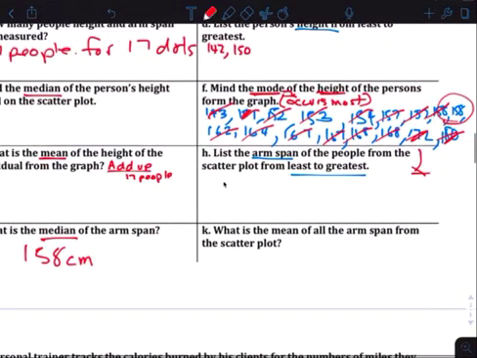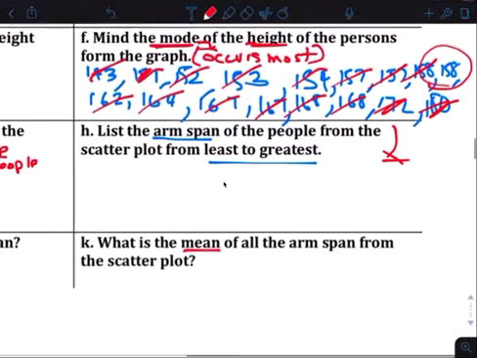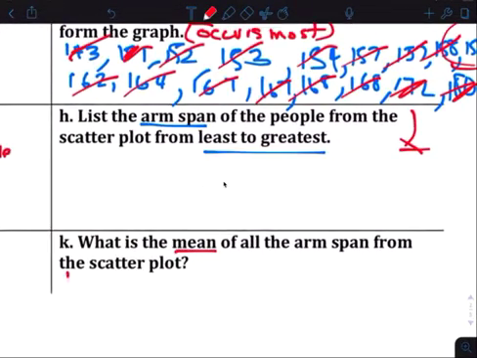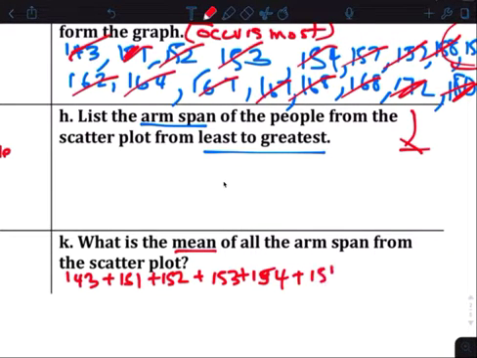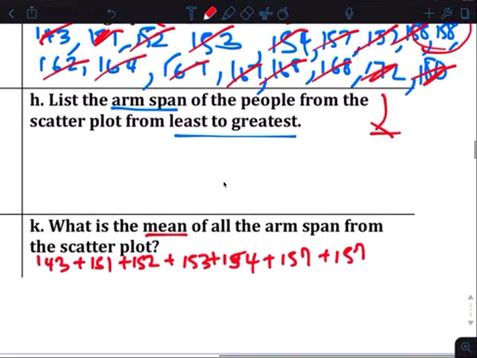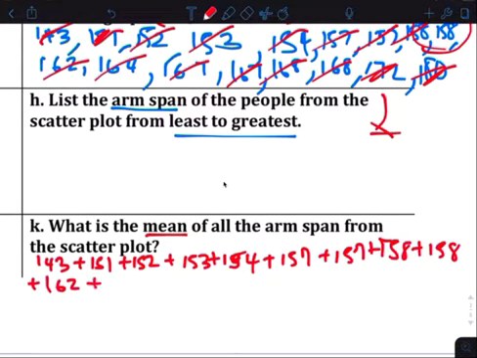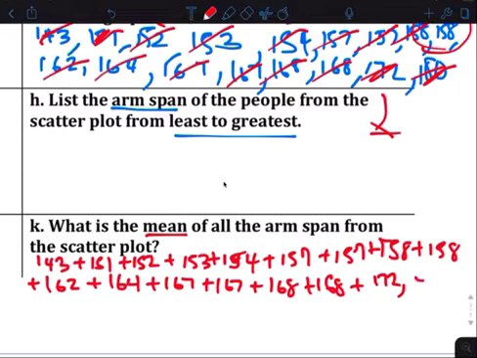What is the mean? Okay, when you're asking for the mean, you're adding them all up. So you're adding 143 plus 151 plus 152 plus 153 plus 154 plus 157 plus 157 plus 158 plus 158 plus 162 plus 164 plus 167 plus 167 plus 168 plus 168 plus 172 and plus 180.